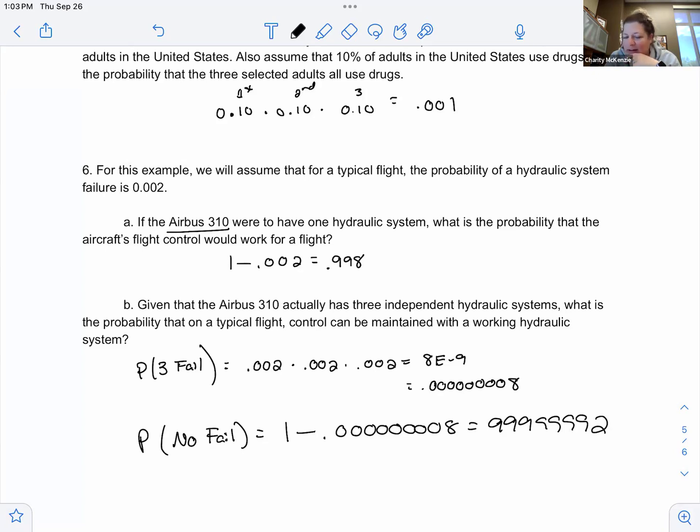That's how I want you to think of that one, I guess. This is 1 or 2 or 3 fail, right? That's this probability, because you can still go on with 1. You're not going to die yet. Okay, all 3 have to fail for failure. All right, those are tricky.